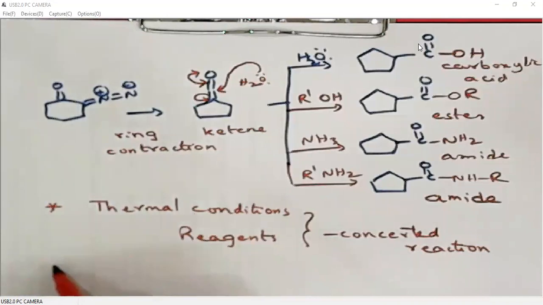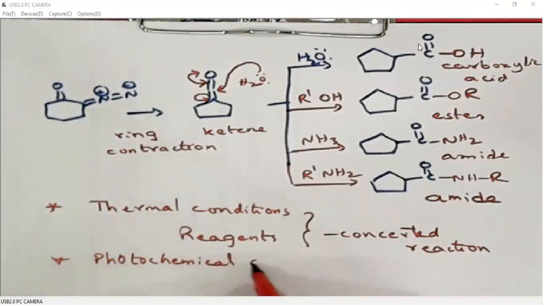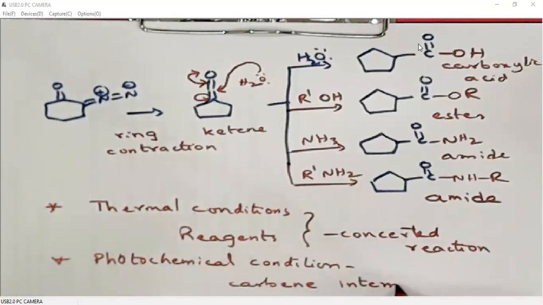But under photochemical conditions, it is not a concerted mechanism. It will generate a carbene intermediate, then that carbene intermediate will further undergo rearrangements.